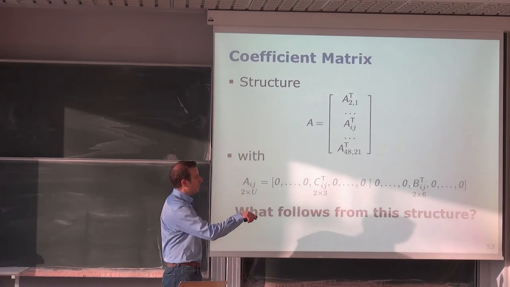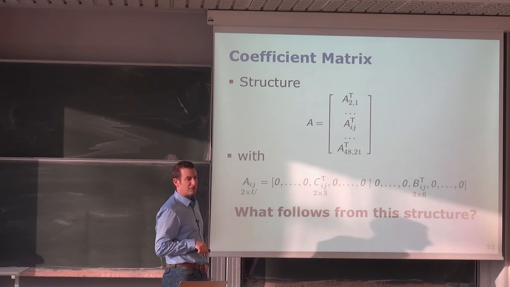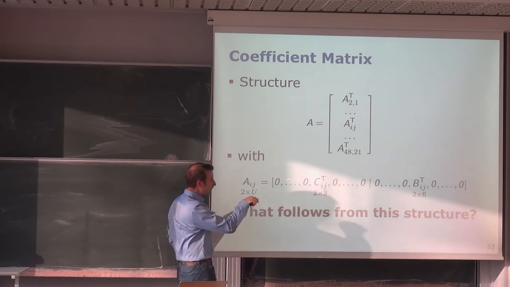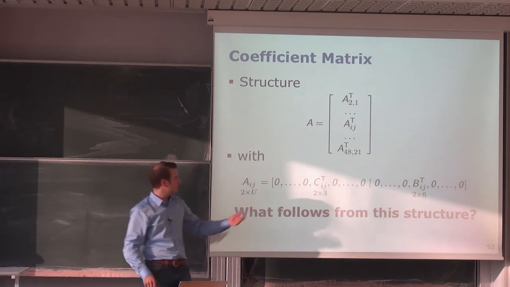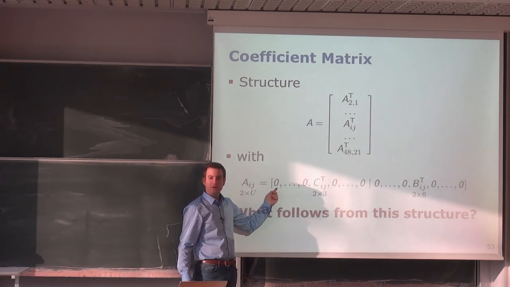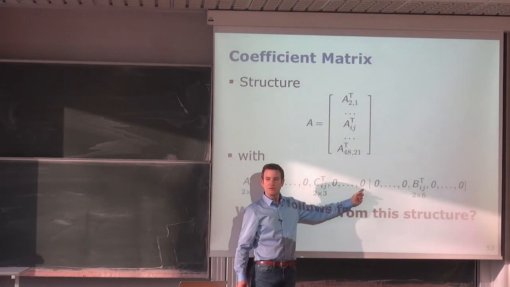So these are kind of all camera parameters for the camera with the index smaller than j, so from 1 to j minus 1, and from j plus 1 to the number of images that I have. And those zeros here correspond to all points which are not the point i. So these are all the points from point 1 to i minus 1 and i plus 1 to the number of points that I have.